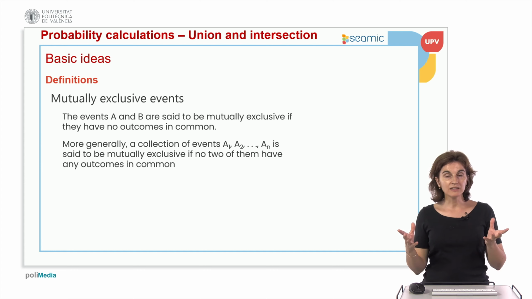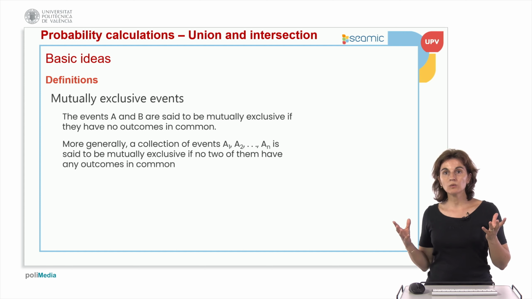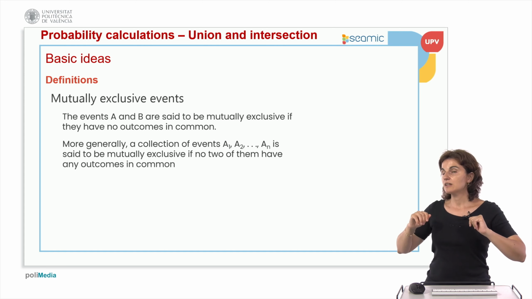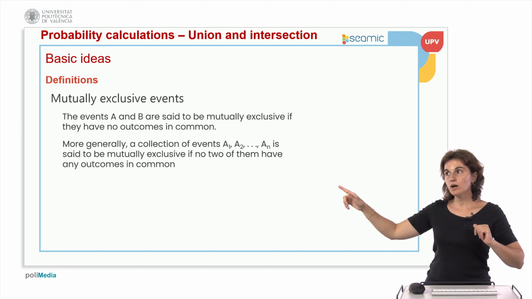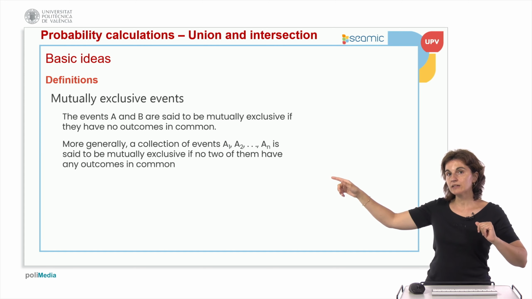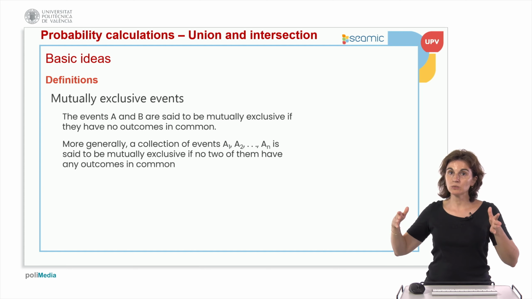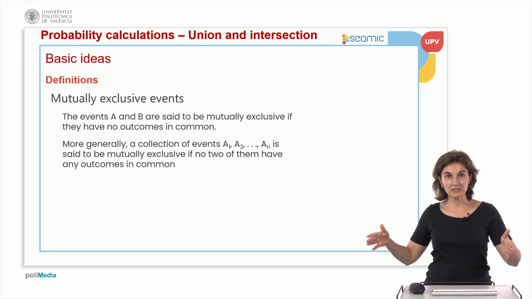But more generally, in this course, we will work with partitions of events that can be represented as A1, A2, ..., AN, where N represents the number of partitions that we are making of the sample space.